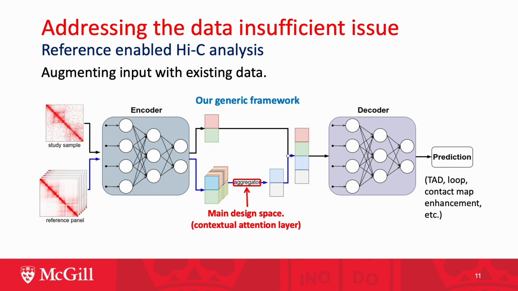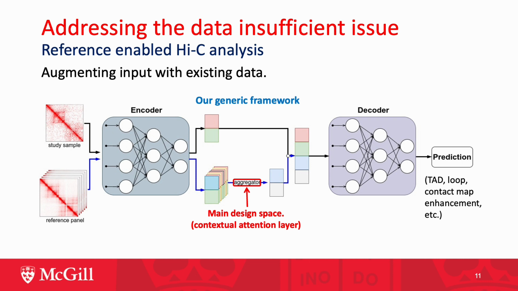The network takes the study sample and the additional reference samples as input. The encoder will project the input to latent embeddings. The decoder takes the combination of the embeddings for the study sample and a transformation of the embeddings for the reference panel as input to make the final predictions.